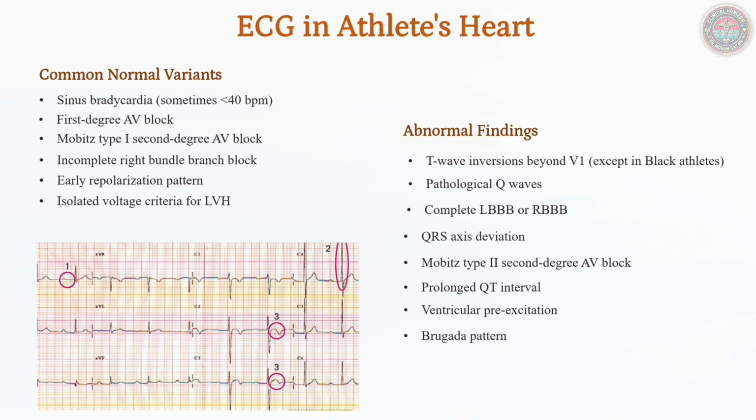However, abnormal T-wave inversions beyond V1, deep Q waves, or significant axis deviation may indicate underlying pathology, such as HCM or arrhythmogenic right ventricular cardiomyopathy. Differentiating between benign adaptations and pathological conditions is essential, particularly in athletes at risk for sudden cardiac death.